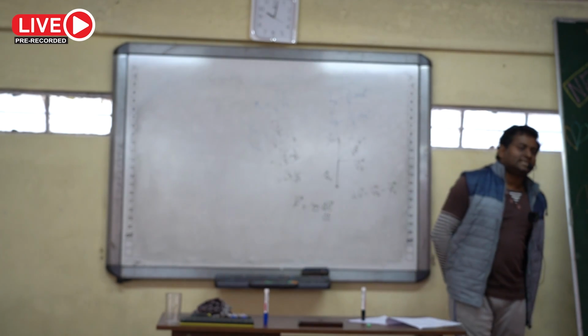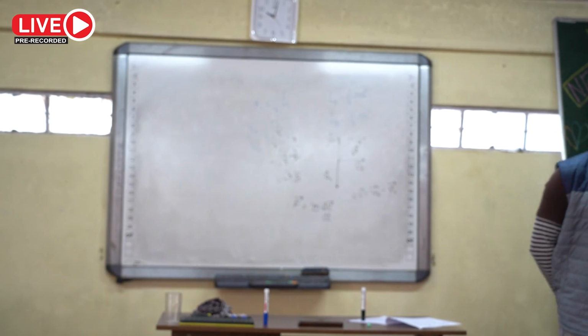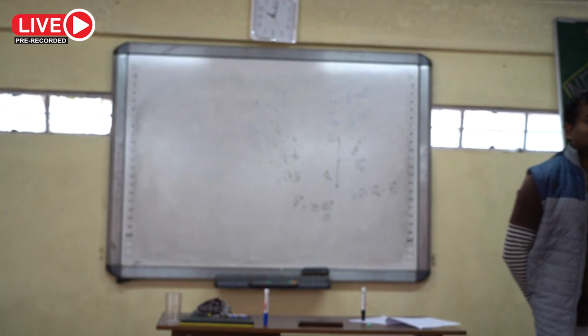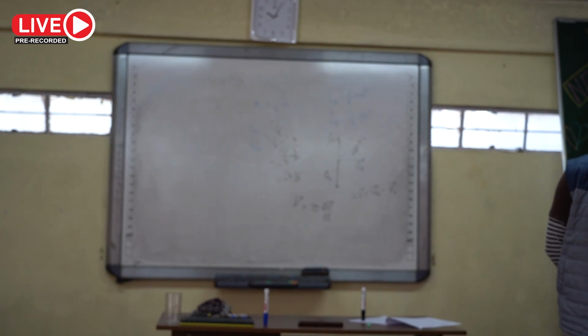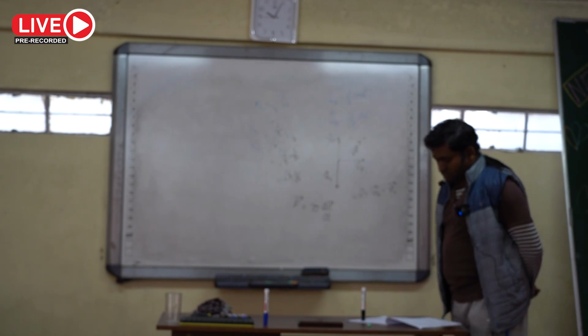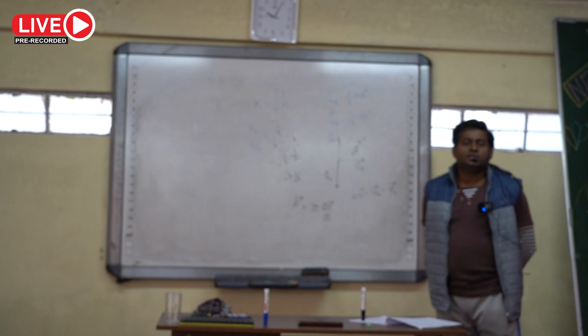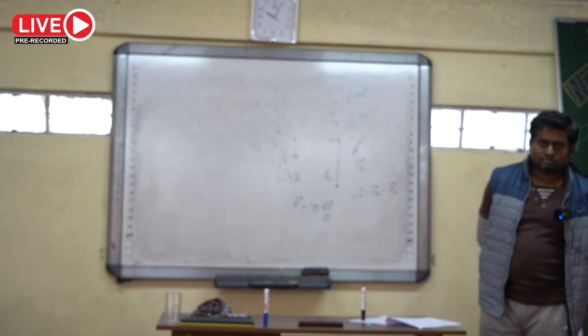Then next one, question number 6. Calculate. You can use the formula U potential energy equal to half kx square. What is the answer? 16. So just use this formula U equal to half kx square.